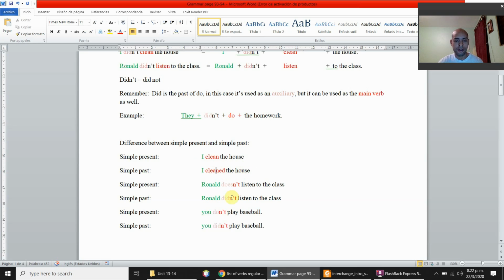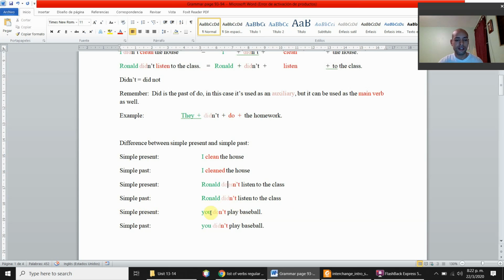This is for affirmative. For negative, in the third person singular in the simple present, Ronald doesn't listen to the class. In the past form, Ronald didn't listen to the class. Very similar. The only thing that changes is the auxiliary.